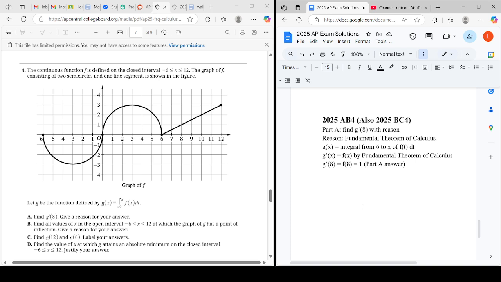Okay. Next up, we have part B, where we're going to have to determine points of inflection. Recall that points of inflection occur when the second derivative of a function changes sign.